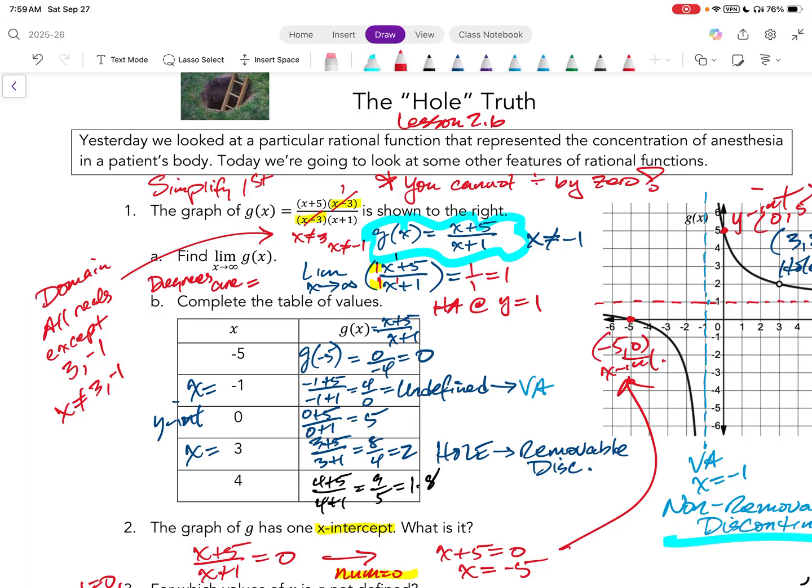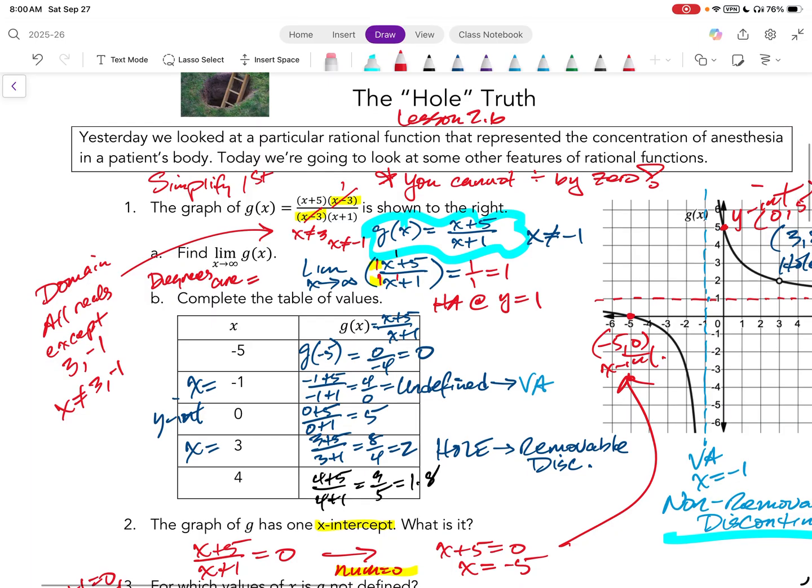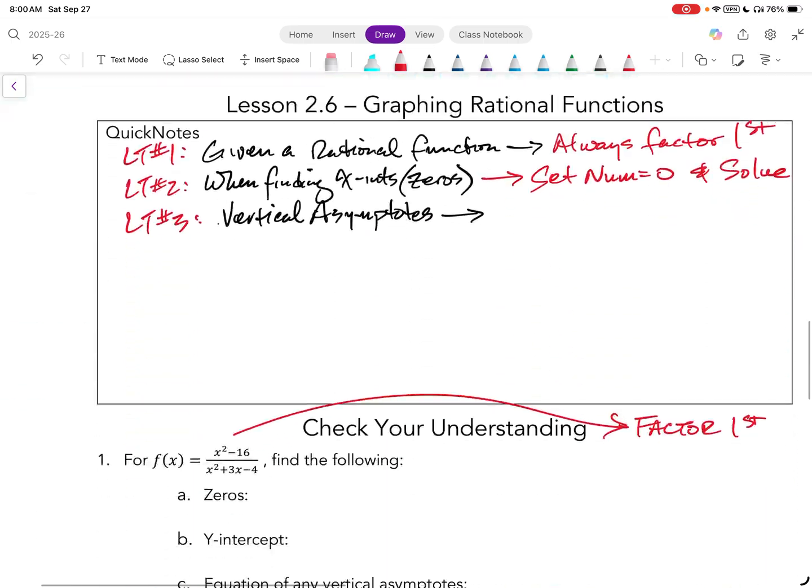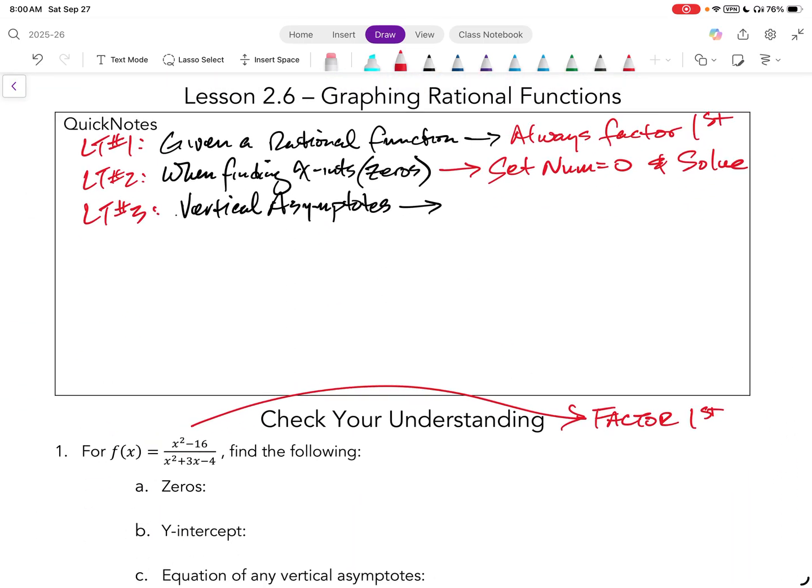All right, when is x plus 1 equal to 0? So to find your vertical asymptotes here, we set the denominator equal to 0, and we solve. Okay, so let's write that out. So here, when you find vertical asymptotes, you set the denominator equal to 0 and solve. All right, and usually it's pretty easy when it's in factor form. You can do it in your head.